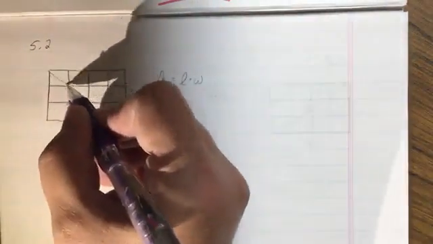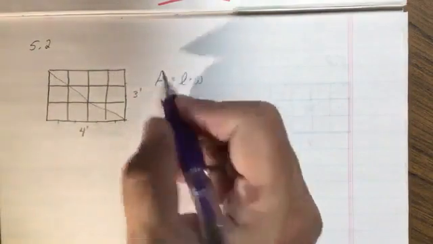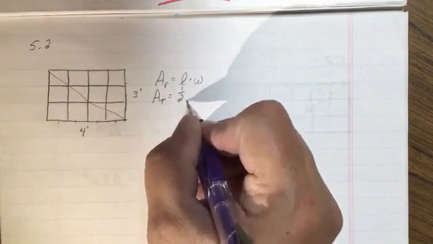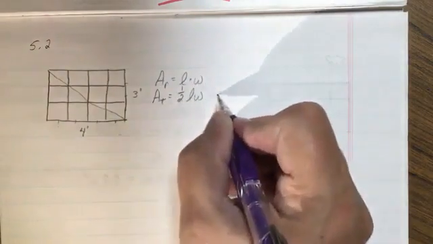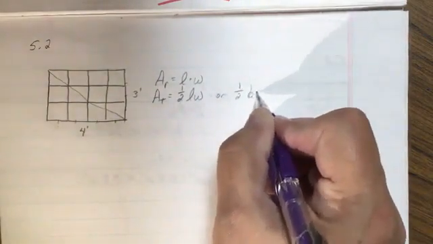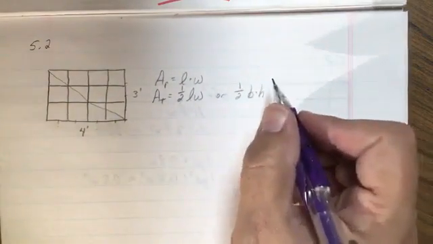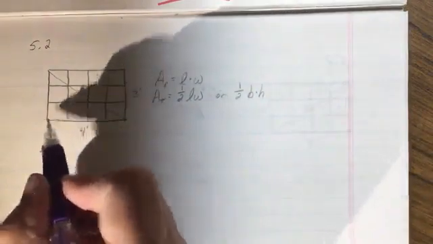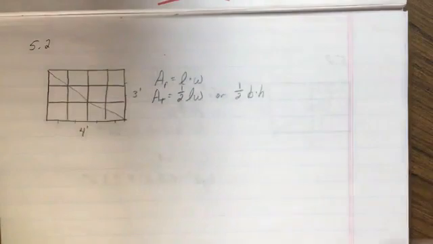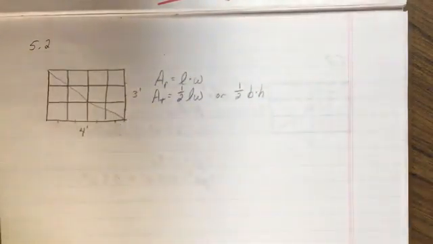Now, if I was talking about a triangle, it's almost the same formula, except it's 1/2 length times width, or what most people call base times height, because this is considered the base of a triangle, and this is the height. When we're talking boxes, we're talking length and width. But it really is the same formula, but as you can see, how did I get it? I just cut it in half by a diagonal line.